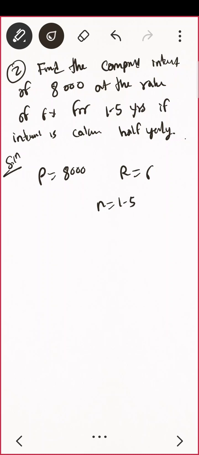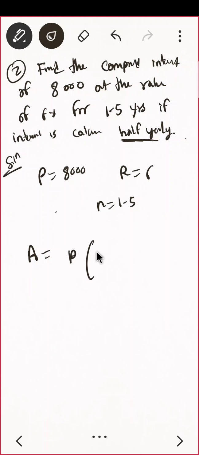Tell me, how will you do that? What will be your formula here? What is the formula for amount? They are talking about half yearly. That means how many times will it compound? 2 times in a year, right? In 1 year it will be 2 times.